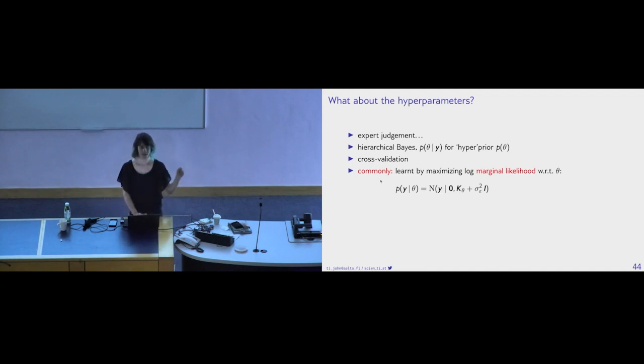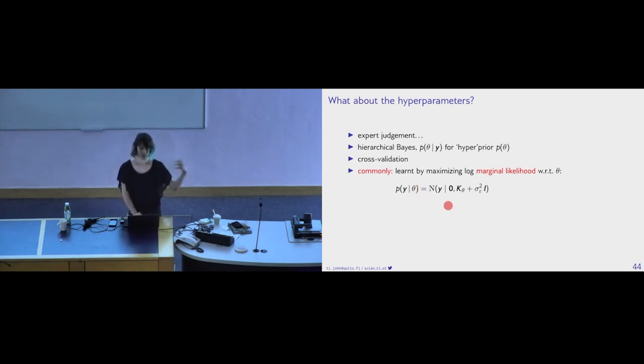The marginal likelihood is the probability of the data by itself, integrating over the latent function values. That's why it's called the marginal likelihood. We marginalize over the latent function values, and now we are left with the probability of our observations given some choice of hyperparameters.